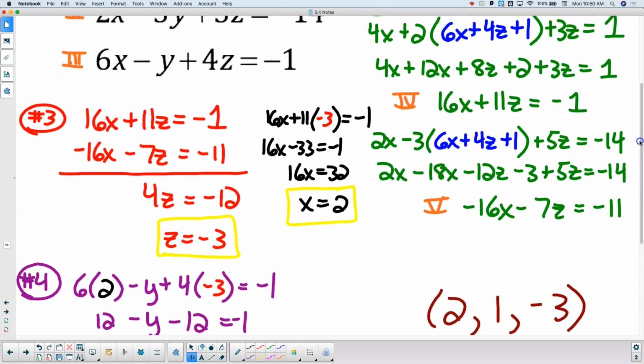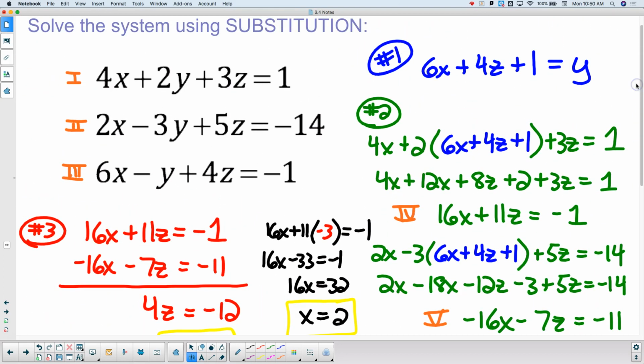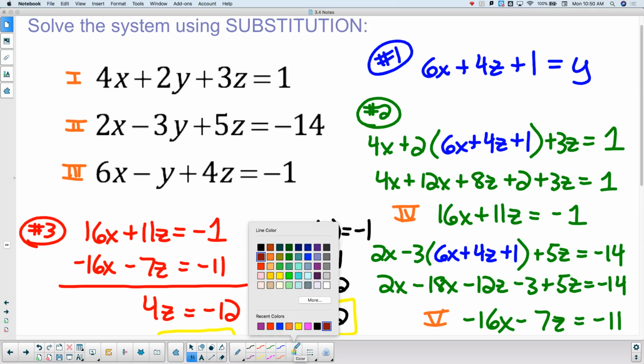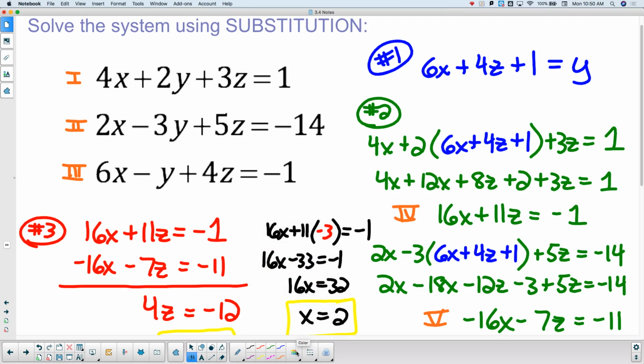I don't think I can fit it in. No. Okay. I don't see any color that would actually be... Nah, we'll just do it that way. Okay. So x was 2, right? Yep. So this one's going to be 8, right?